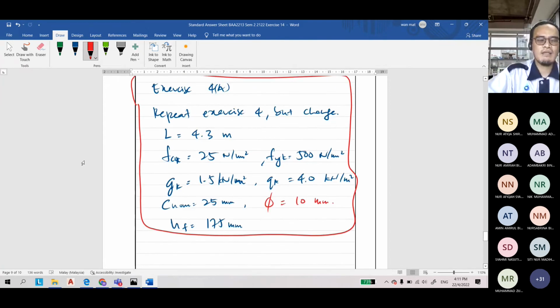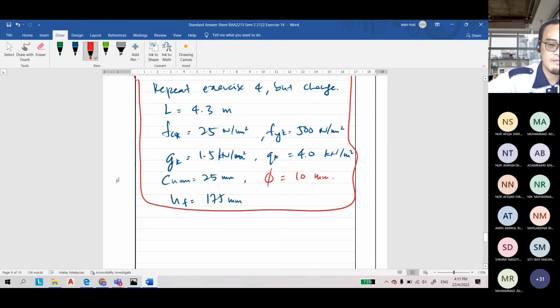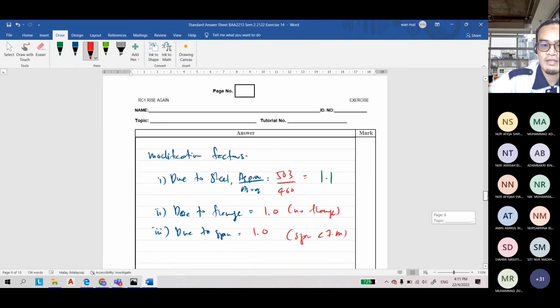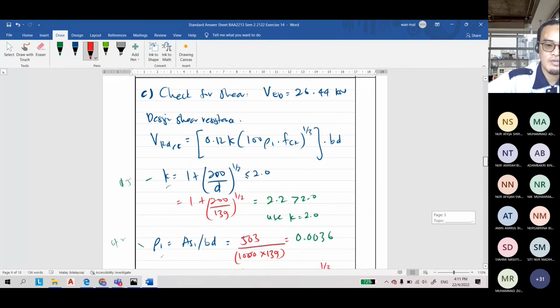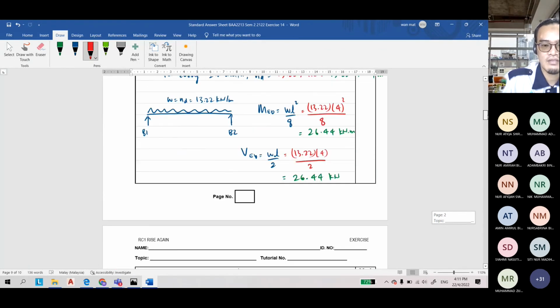Usually in the final exam, one question is for the beam. Usually you have to design the main reinforcement, check the deflection, check for shear. In the final exam, you are not given the action, the bending moment and the shear force. You have to calculate. So if you use the wrong formula, you get the wrong answer.